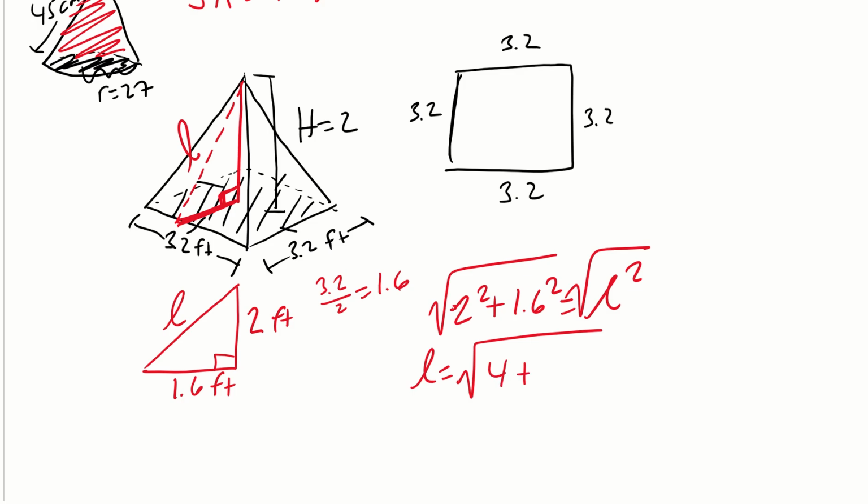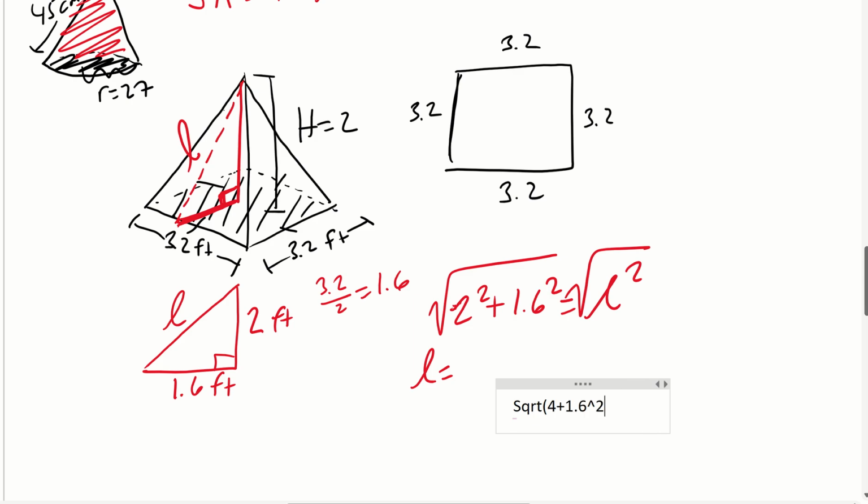All right, let's just figure this out on the calculator. Square root of 4 plus 1.6 squared, 2.56. Okay, so 2.56. You could do this on Desmos to make it easier. So 2.56 feet. All right, now we know what that is. We're going to need that later. That's why I'm finding it now.